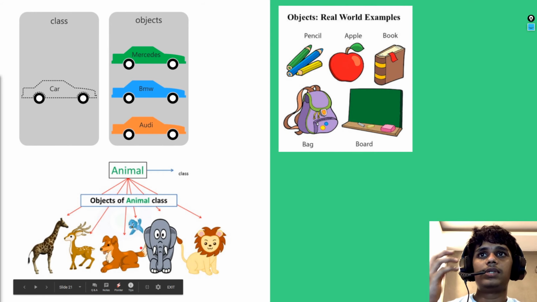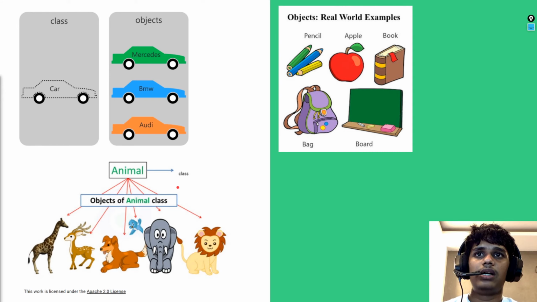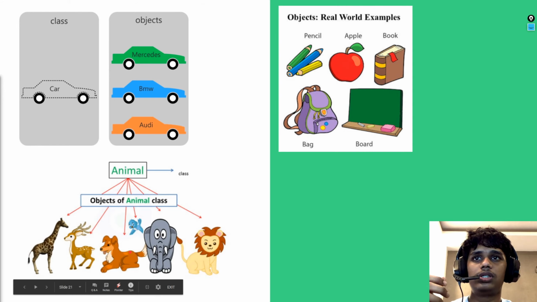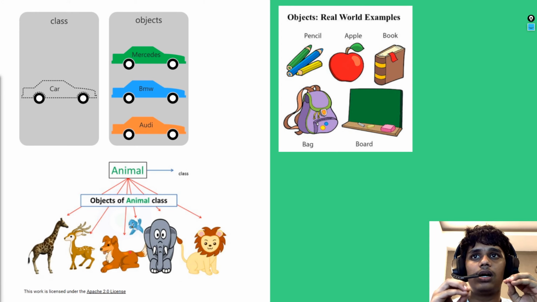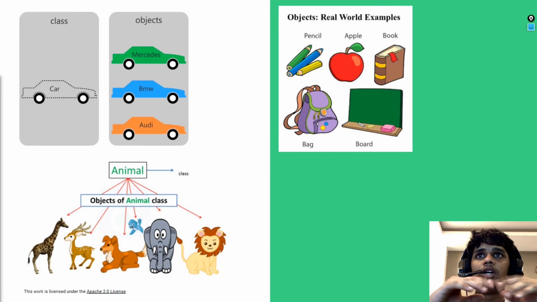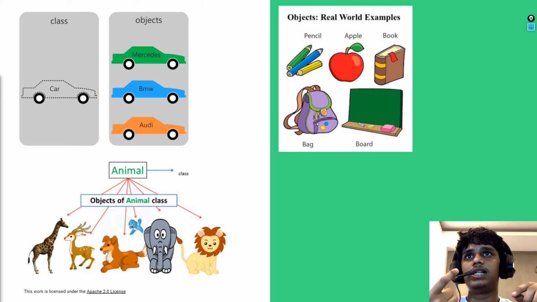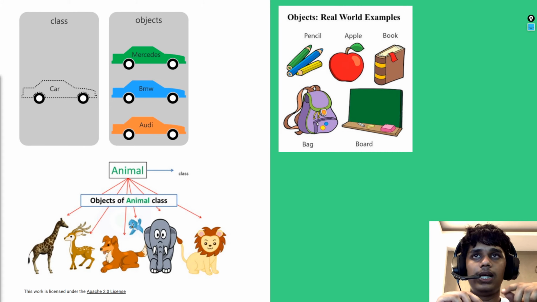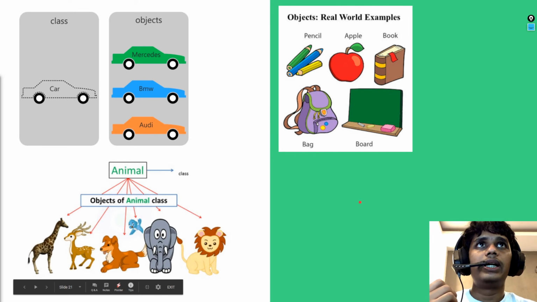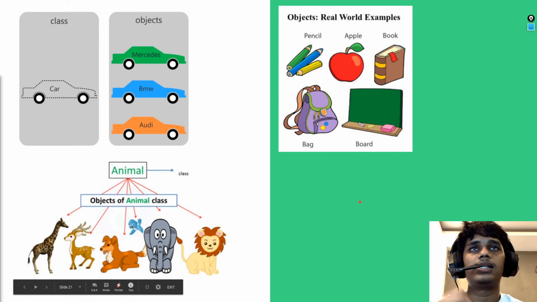Birds also come under the class animal, and a lion, elephant, or fox. It may be anything, but they all group together under one class called an animal. Likewise, Audi, Mercedes, and BMW all come under the class that is nothing but a car.